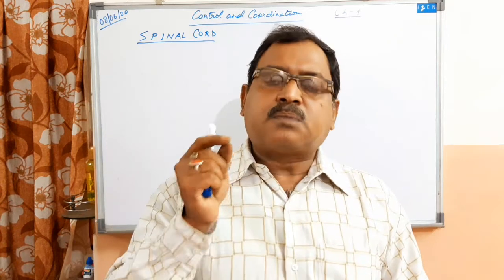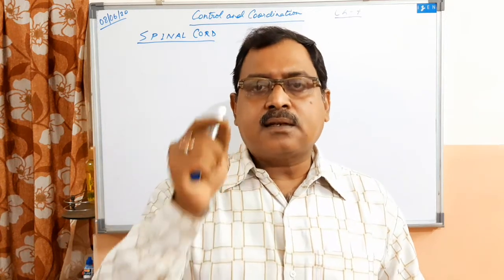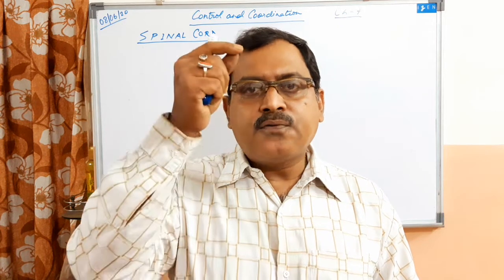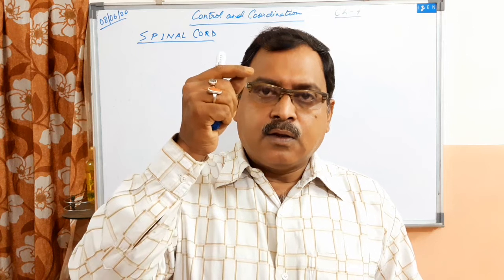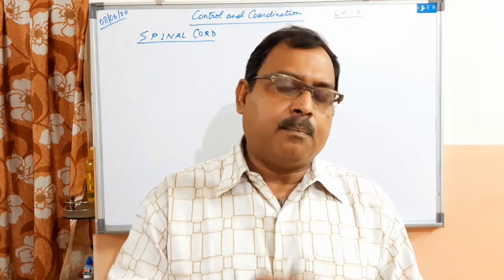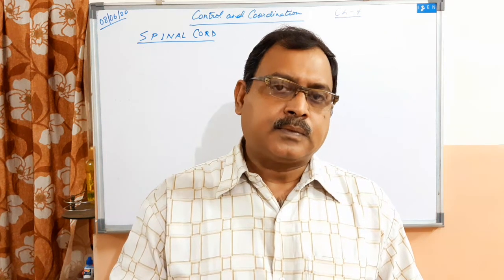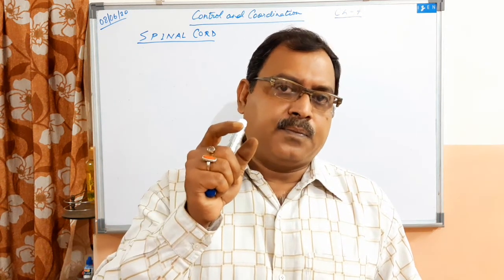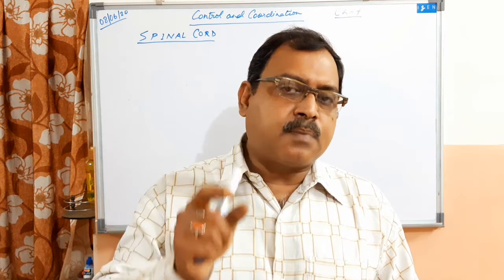Now the spinal cord arises at the medulla oblongata and moves down through the vertebral column. Now the vertebral column actually protects the spinal cord.